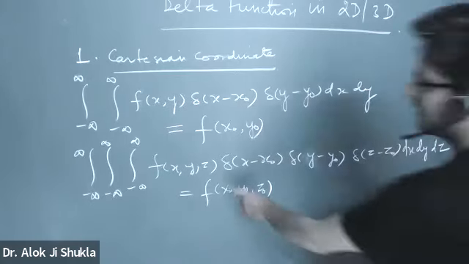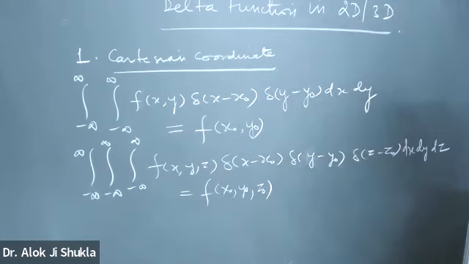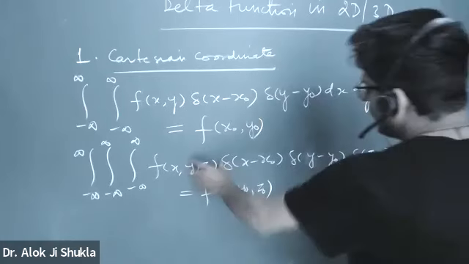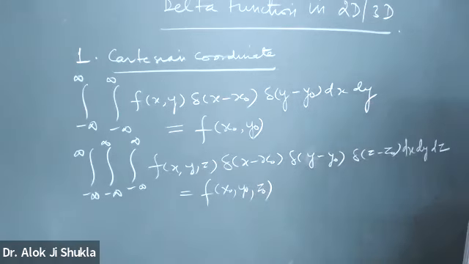This is a previous year question. Clear? So it is just an extension of 1D to 2D and 3D. So this function will exist only when the point x naught, y naught, z naught is achieved simultaneously.